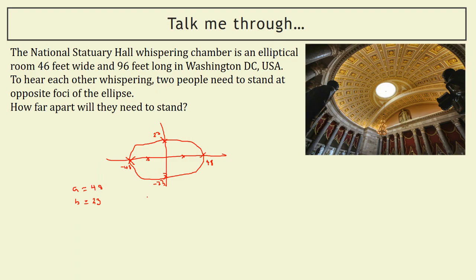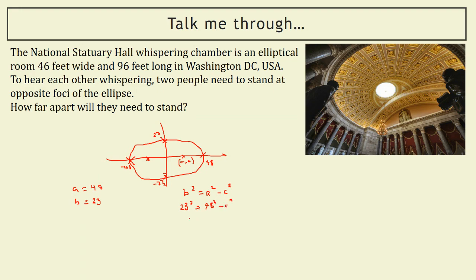What's the connection between A, B, and C? Because that's C0, isn't it? What's the connection between A, B, and C for an ellipse? Yeah, B squared is A squared minus C squared. Okay, so if we want to do that, we've now got 23 squared is 48 squared minus C squared.